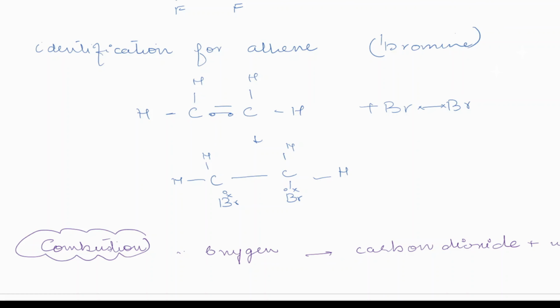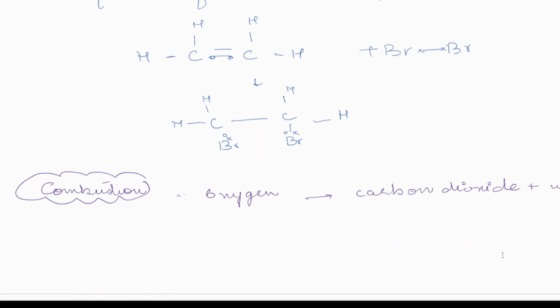Okay? All. Then we have to balance it, that is a separate story. But all hydrocarbons react with oxygen to make carbon dioxide and water. The product would always be the same. Clear?